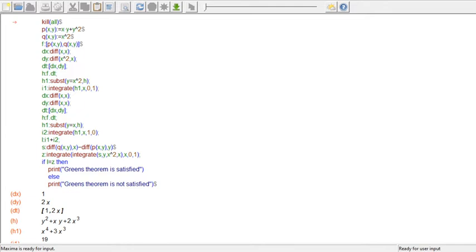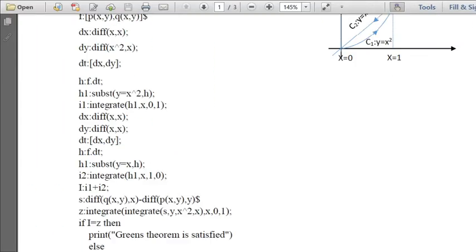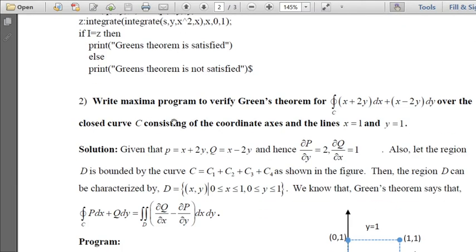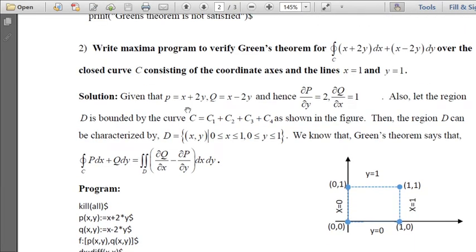Similarly, I have given another problem where you have to write a Maxima program. I have written a Maxima program, and we'll see. What is that problem?